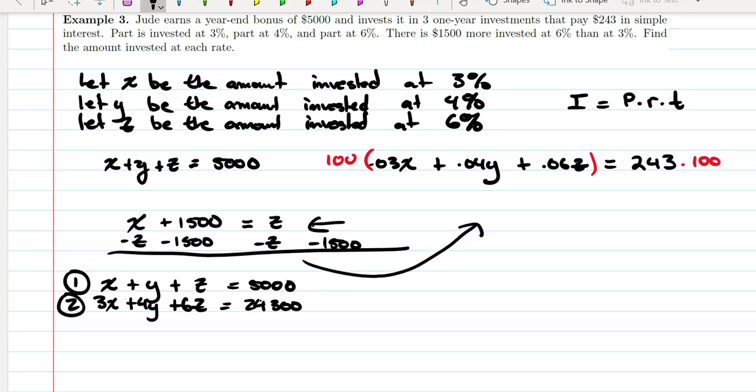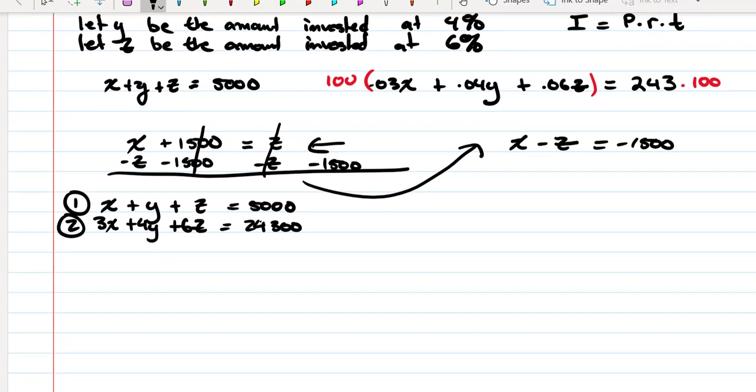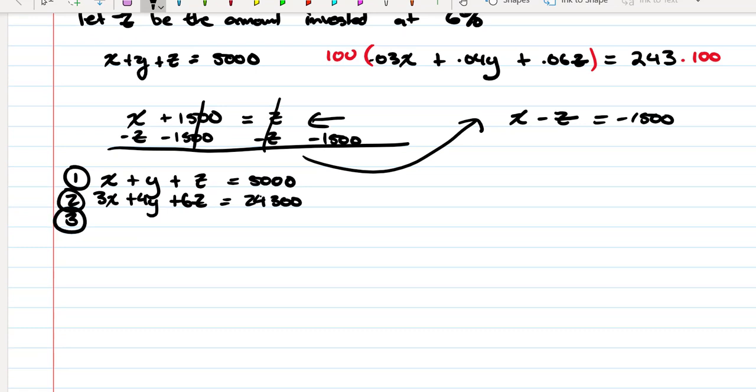So when I do this, I would end up with those eliminating and those eliminating. x minus z is equal to negative 1,500. The reason we need to do this is all of our stuff needs to line up in our columns as we're doing Gaussian elimination. So I would have x minus z is equal to negative 1,500. And that would be my system of equations that I'm going to need to solve.